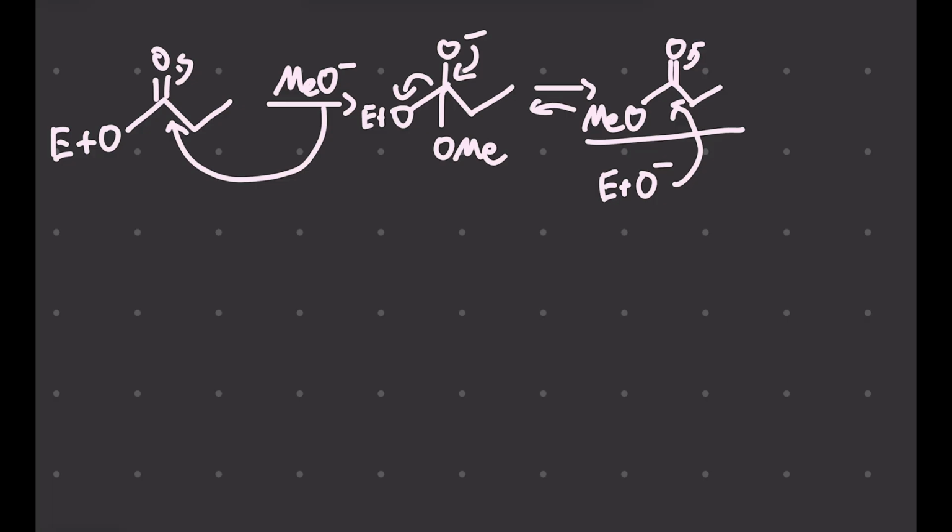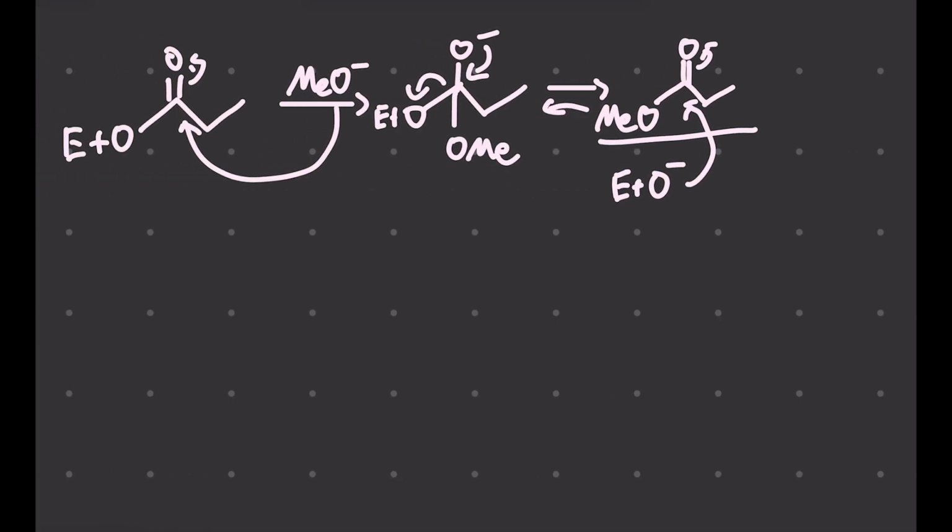However, if we were to proceed with Claisen condensation under these conditions, we're going to get two different products, one with a methyl ester and one with an ethyl ester. So it will give us something that looks like this.